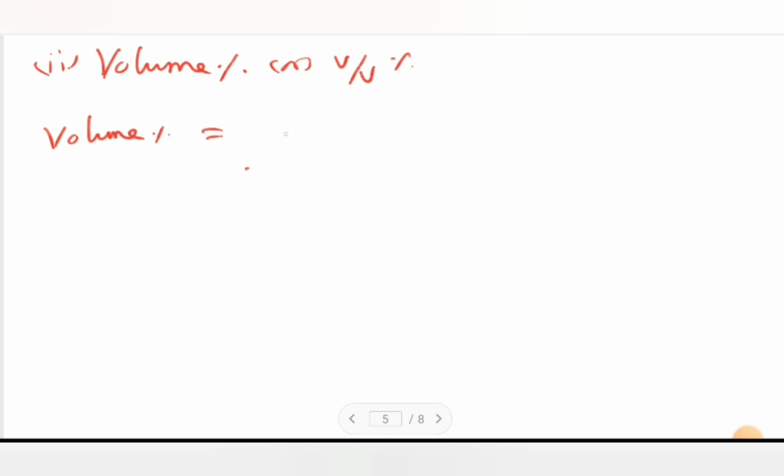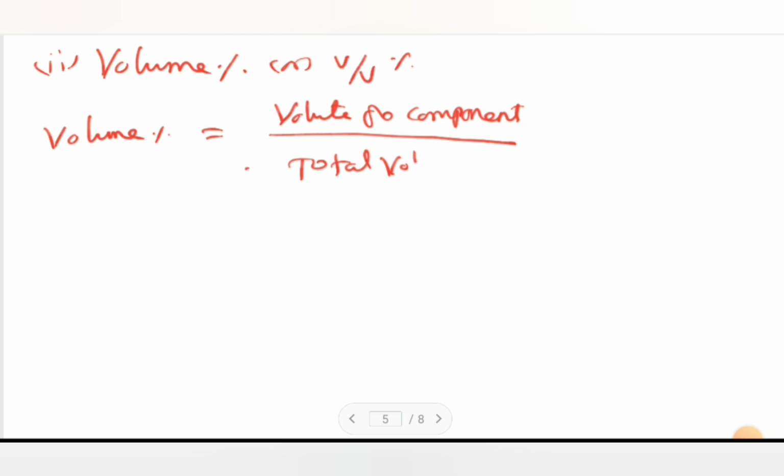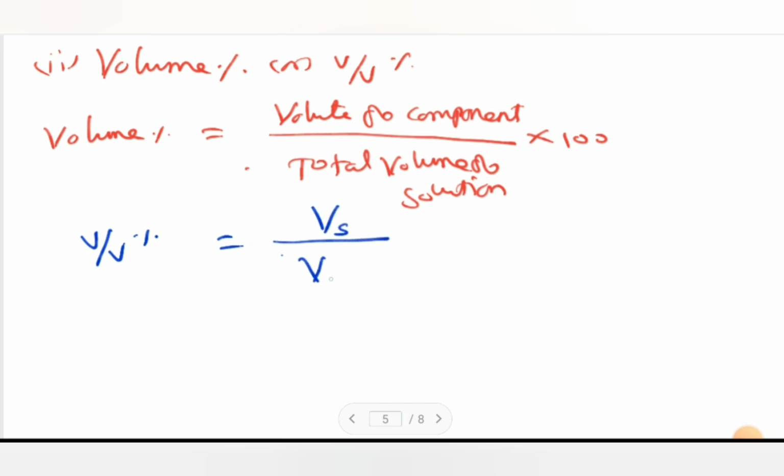Volume percentage of the component or the solute is equal to the volume of component or solute divided by total volume of solution into 100. You can write this in short as volume by volume percentage equal to volume of solute divided by volume of solution. Here SOL means solution, S means solute or the component.